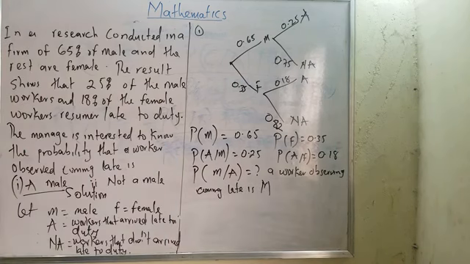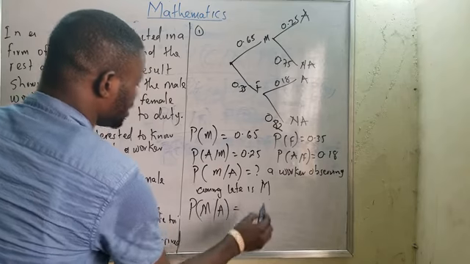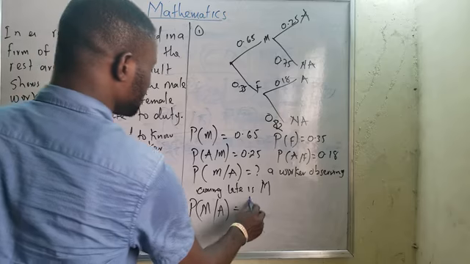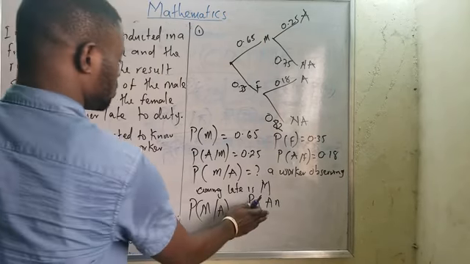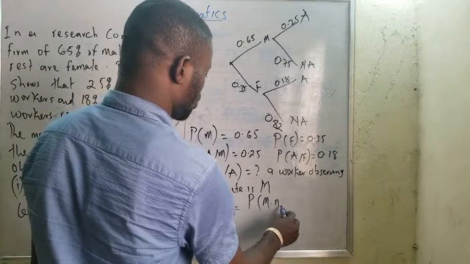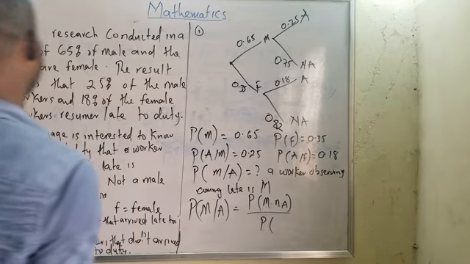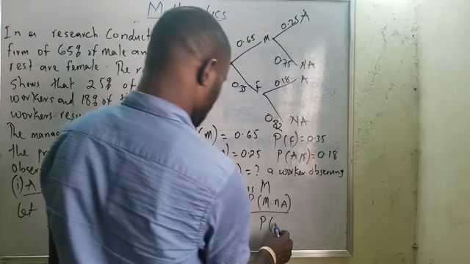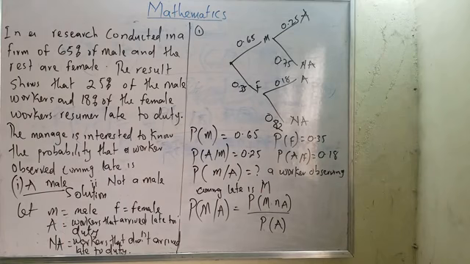Now, what I will do is go back to Bayes' theorem, which lets us know that the probability of M of A will be equal to probability of M times probability of A of M, divided by probability of A. Now that is what I will do.